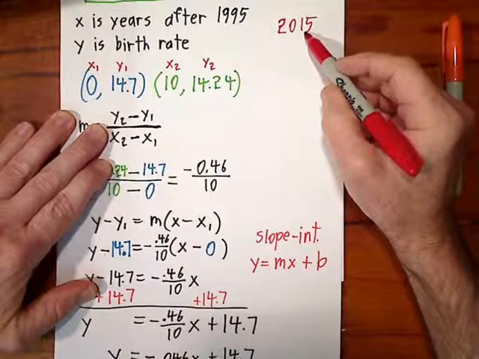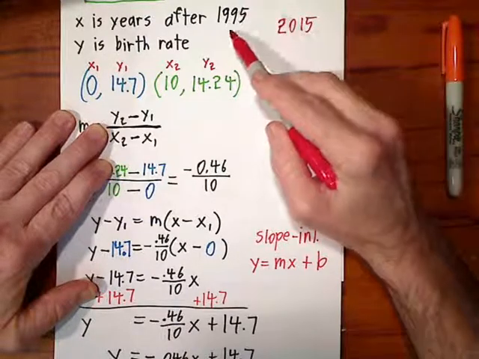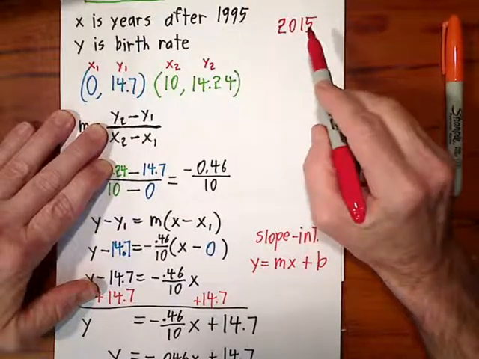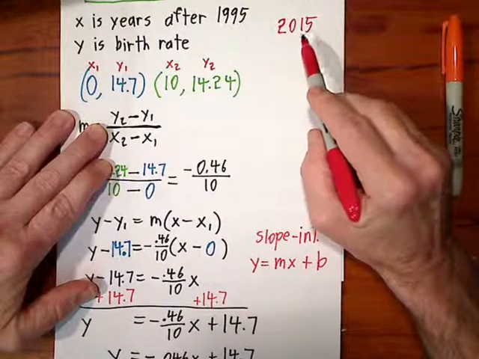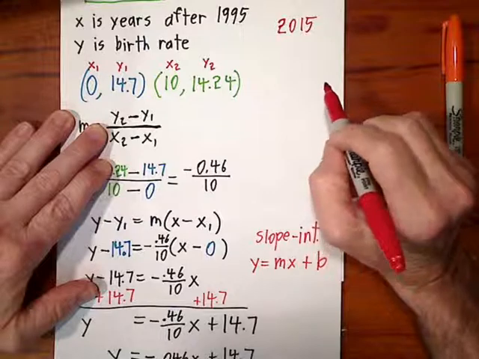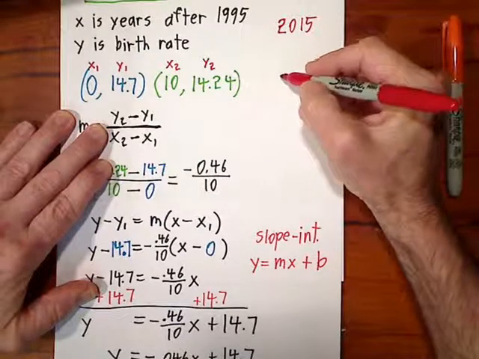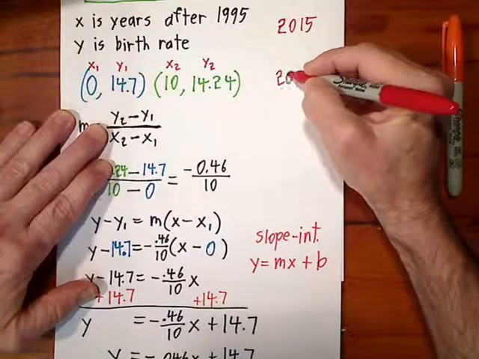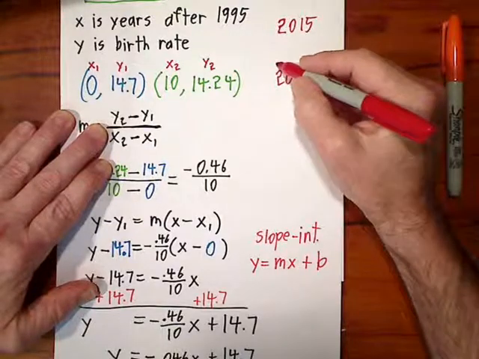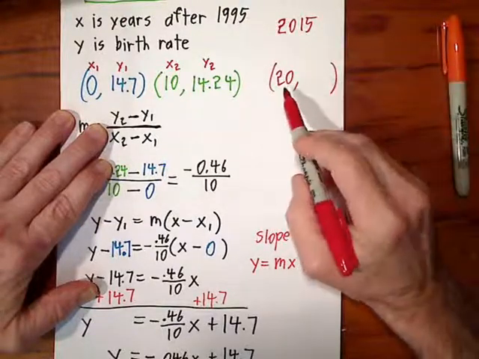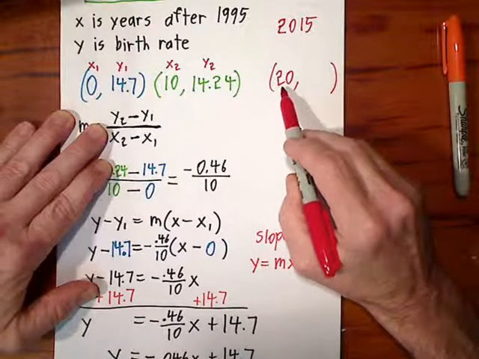How many years after 1995? That's 20 years later. So the x value is going to be 20, because that stands for how many years after 1995.